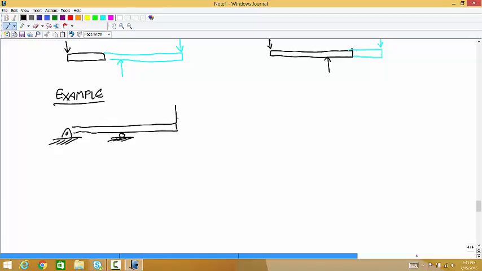And let's say that there is a 1,000 Newton force there and a torque T at the end point. And these distances, let's say a meter between those two and a meter between those two. And we want to calculate the internal loads.